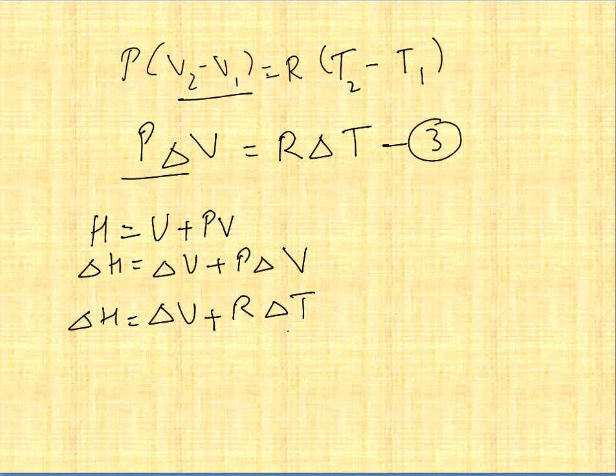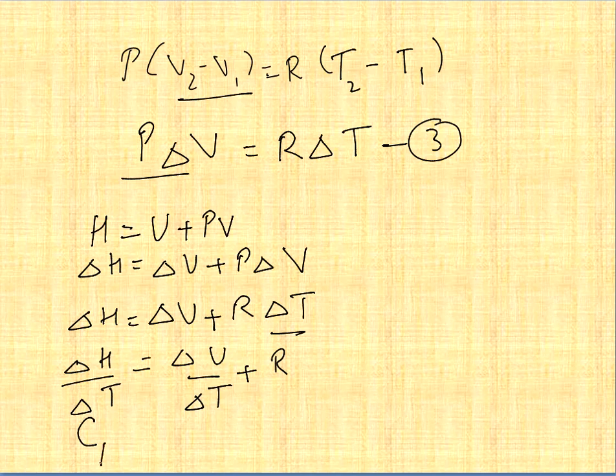Now what do I have to do? You have to divide the whole equation by delta T. Delta H upon delta T is equal to delta U upon delta T plus R. Now what is delta H upon delta T? Delta H upon delta T is Cp, and delta U upon delta T is Cv.